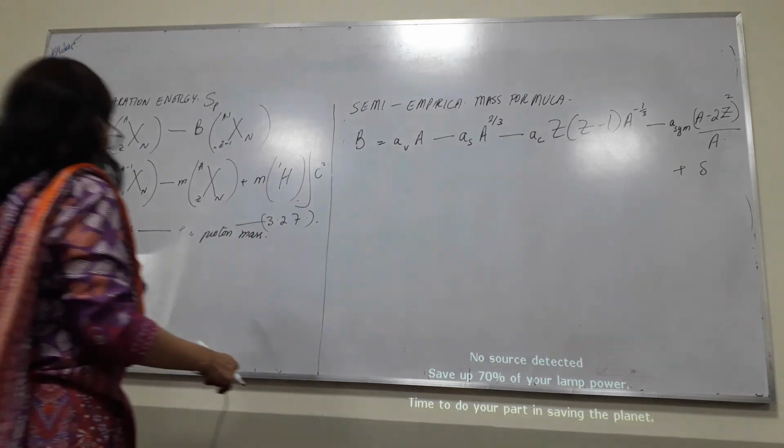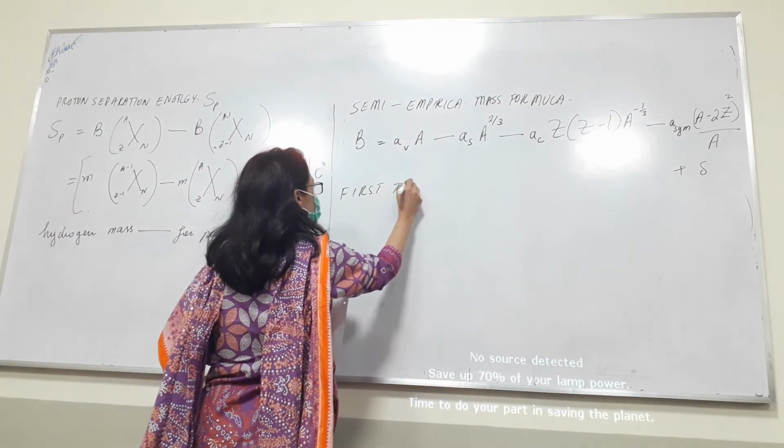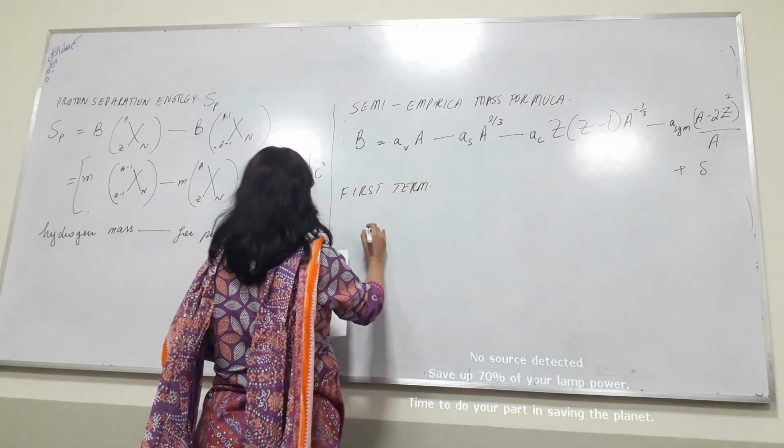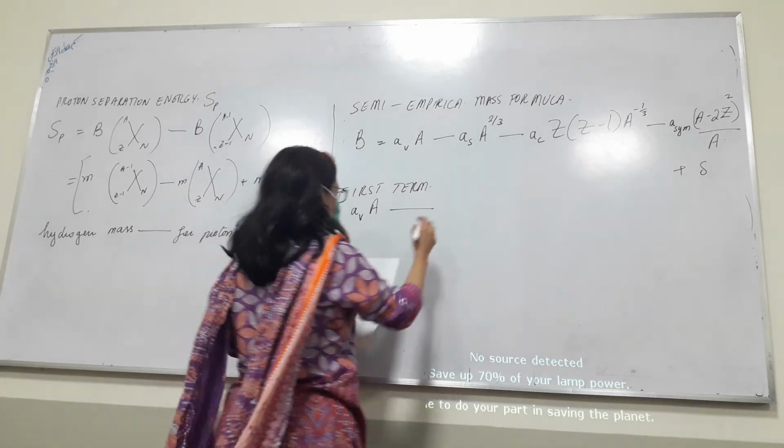Okay, so first term. The first term is A_V A. This is called the volume term.